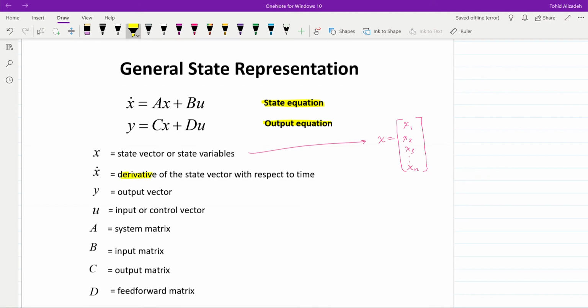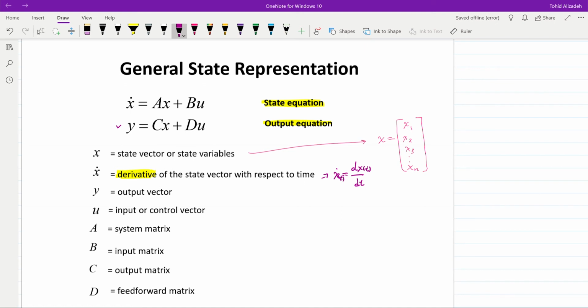So you derive x with respect to time in order to obtain x dot, or we can say that x dot is equal to dx over dt. And we are in the time domain, so we can say x dot of t.